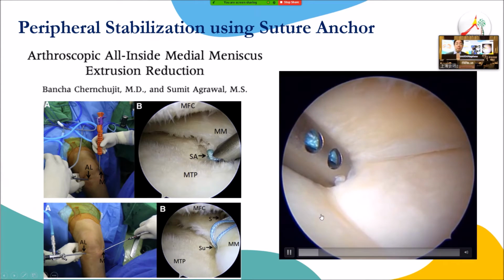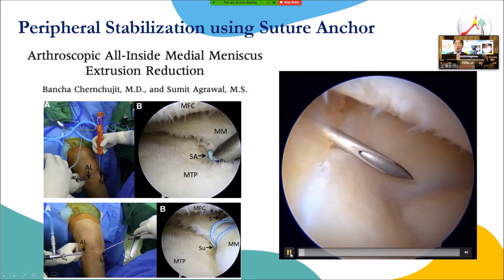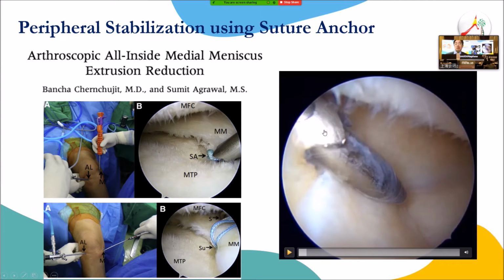I propose another technique. We call this the all-inside, because sometimes you need to do the osteotomy, and if you do transosseous, there will be too many tunnels. So this is another way to do the extrusion reduction. We make a medial portal, and then we put the suture anchor. Okay, look again like this. So this is a medial portal.